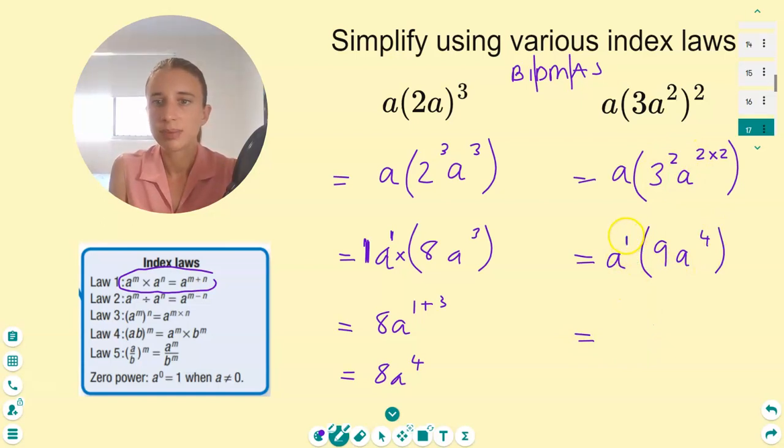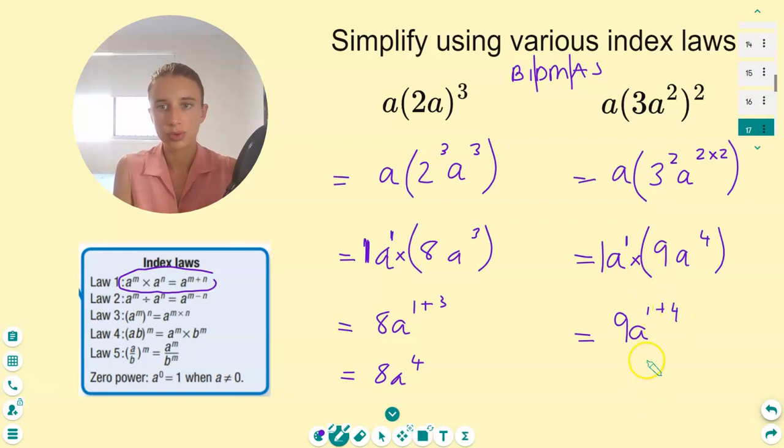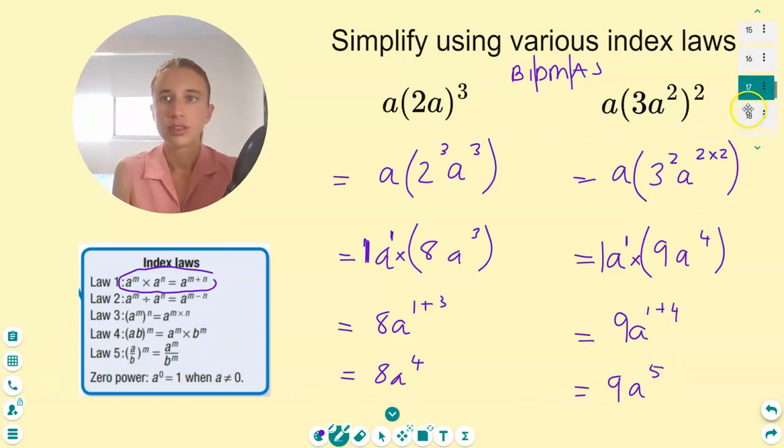And then invisible ones: 1a to the 1, 9a to the 4. 1 times 9 is 9. A to the, so 1 plus 4. Even though it's outside of a pair of brackets, it means it's being multiplied. So it takes a little bit to get your head around, but that's what that one simplifies to. On to the next one.